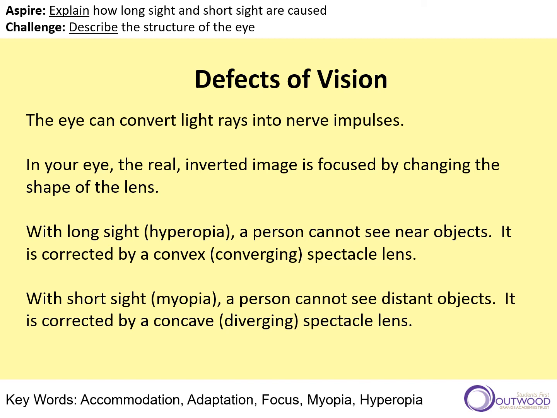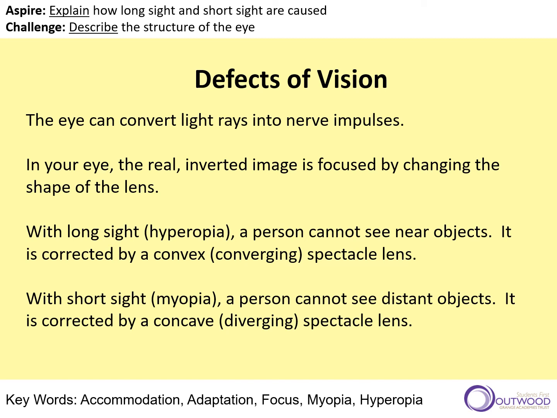If you've got long sight, it is called hyperopia. A person cannot see near objects. That's what it means. It's strange because sometimes some people think long-sighted, oh, you can't see long. No, long-sighted means that is what you can see. So you can't see things that are close. What do you need? Spectacles, glasses, with a lens that is convex.